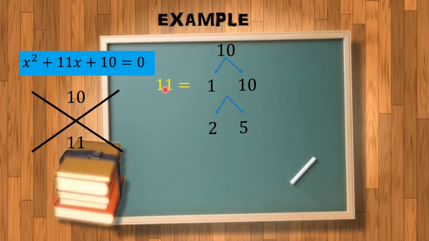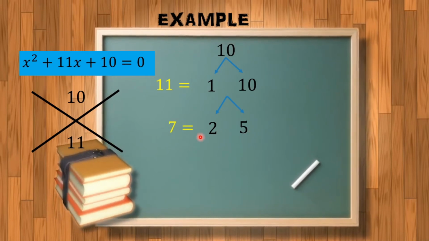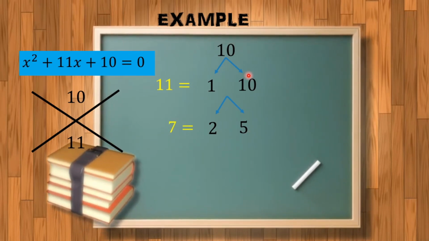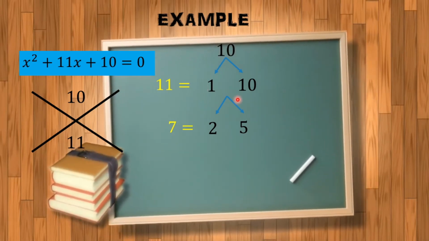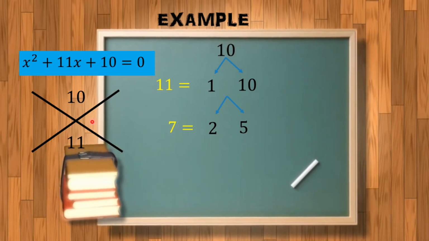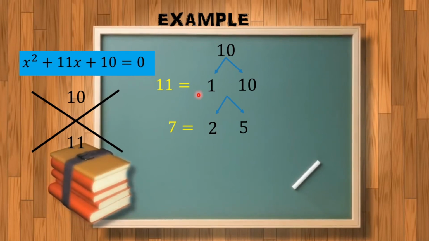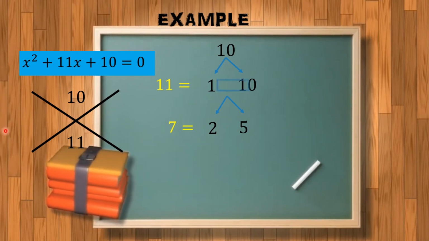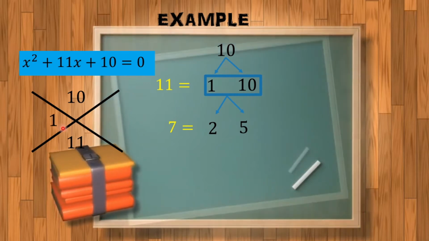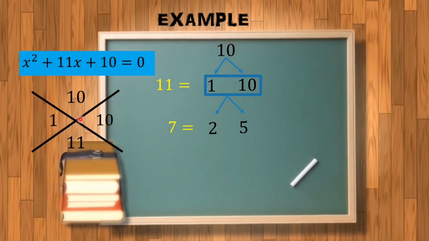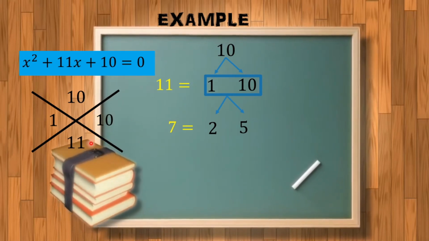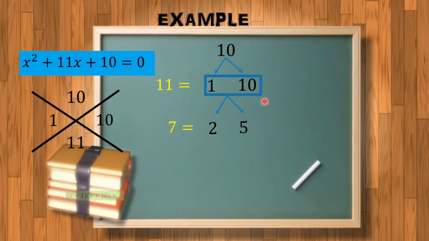Here 1 plus 10 is 11 and 2 plus 5 is 7. So definitely the factors that fit our solution to factor the given example are 1 and 10. So we write the 1 and 10 on the left side. Now we have the complete factors to solve the given example.